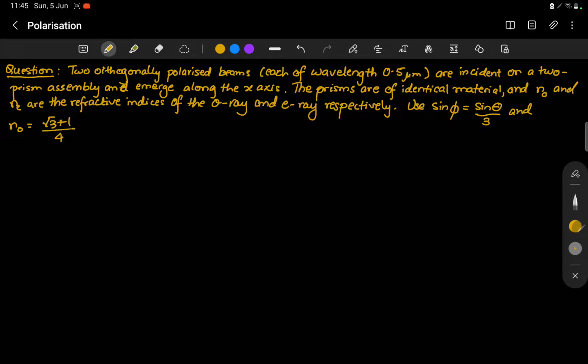So this is the question. Let us draw the diagram, only then this will become clear.